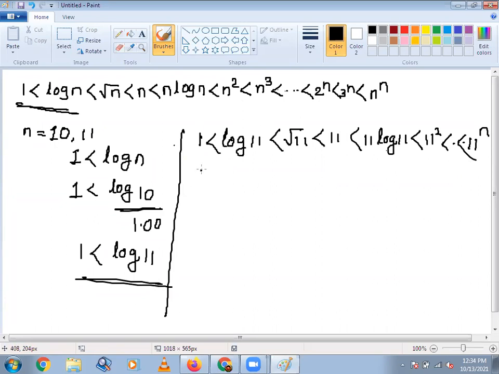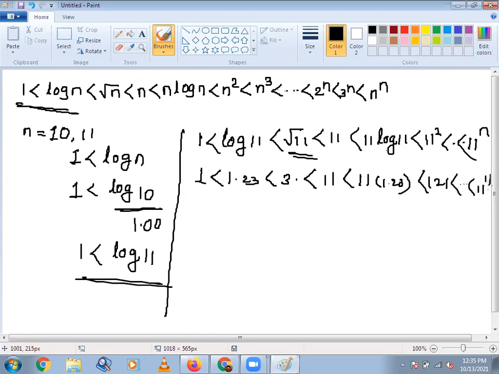Okay, see here 1 is less than 1 point something, 2 or 3 whatever, then less than root 11, which is 3 point something, is less than 11, then 11 into 1.23 whatever the value, then 11 square, that is 121, then 11 raised to 11.